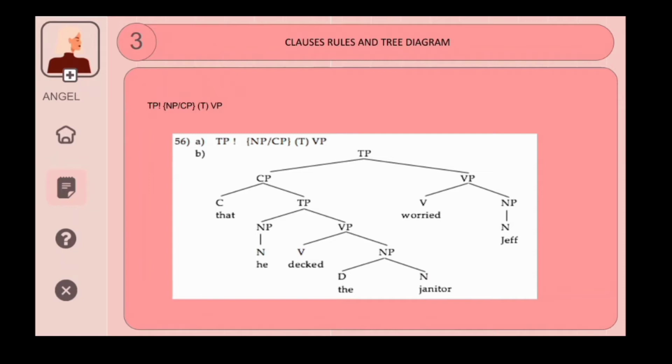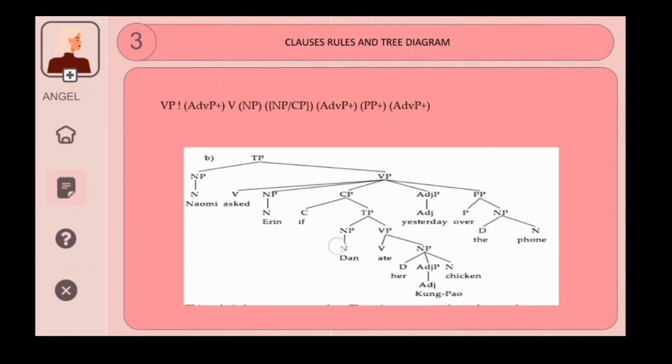Next we have this: Naomi as noun phrase, Erin as our object, and CP as complementizer "if," tense phrase "Dan ate her Kung Pao chicken yesterday over the phone."